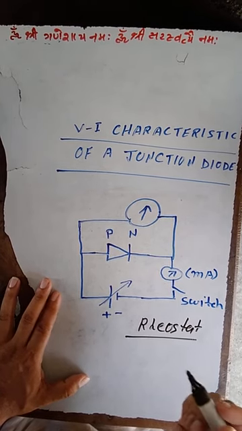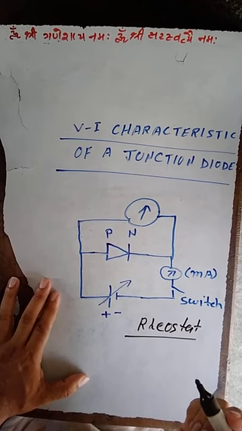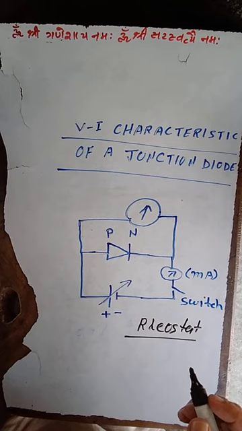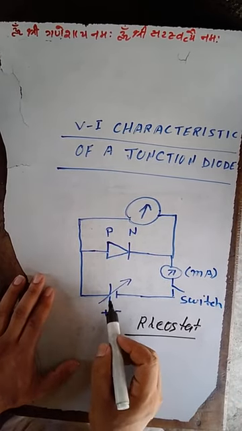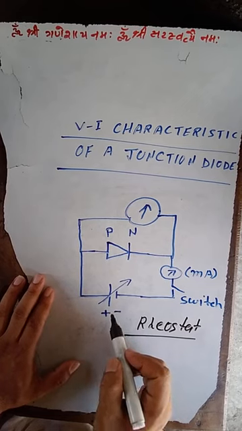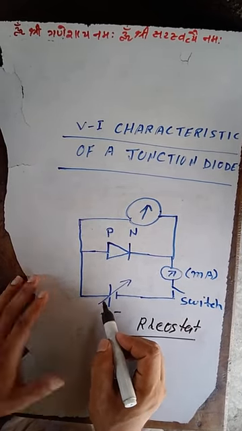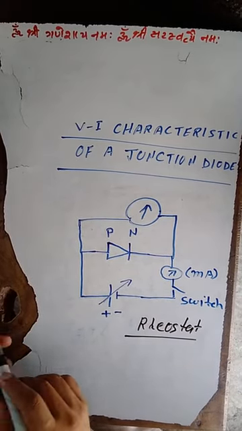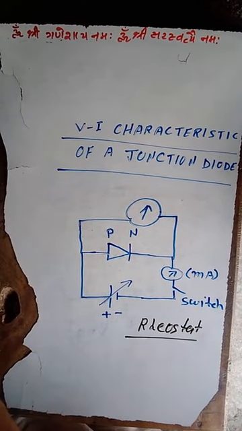Now we will see how the current varies. When we start with a very low battery voltage, the current flows in the circuit like this.